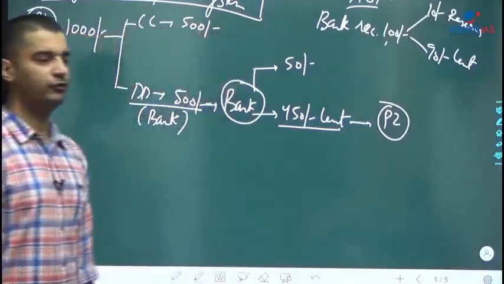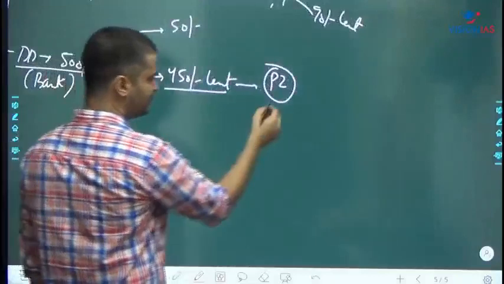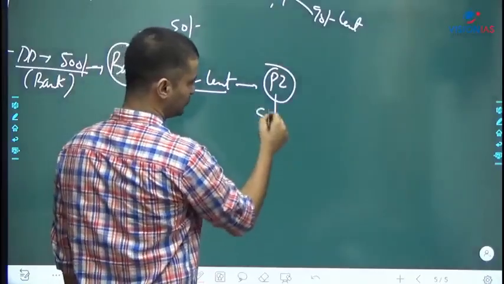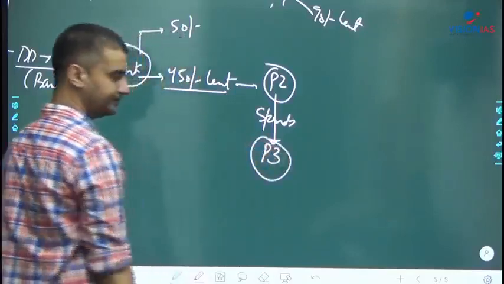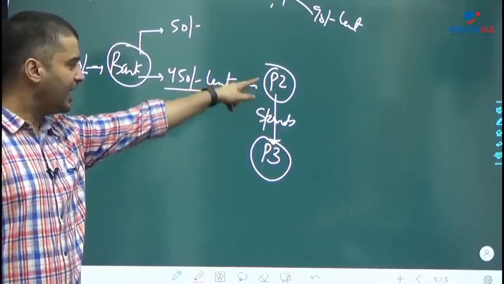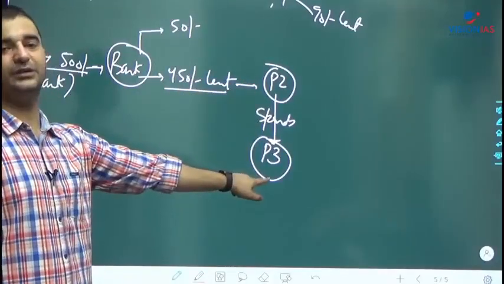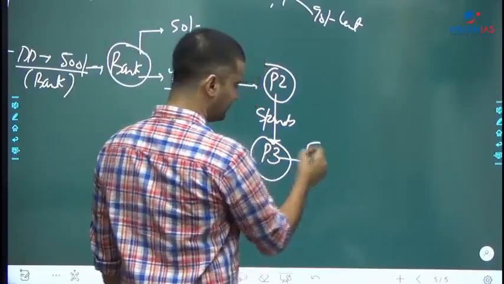Person 2 को 450 rupees दिए गए हैं. Person 2 spends these 450 rupees on person 3. Person 2 has borrowed this money from the bank and person 2 spends this money on person 3. Person 3 के पास अब कितने पैसे आए?